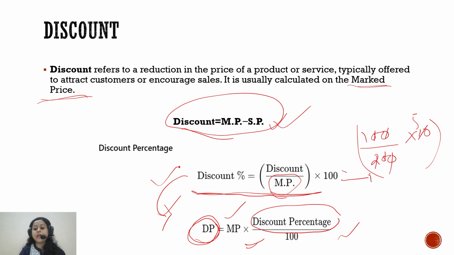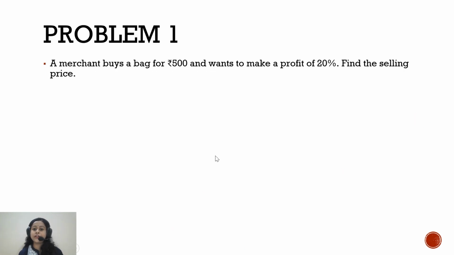So from formula 1, you can move to formula 2, where the discount percentage is given but the discounted amount is not given. Then you can apply this formula, right? So these are all the formulas that we have to memorize for solving numericals related to profit and loss.